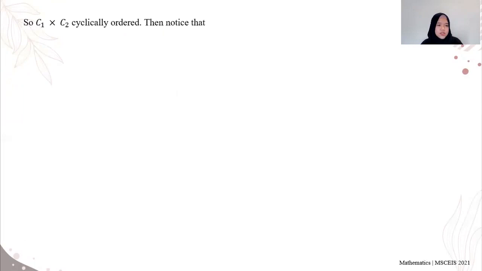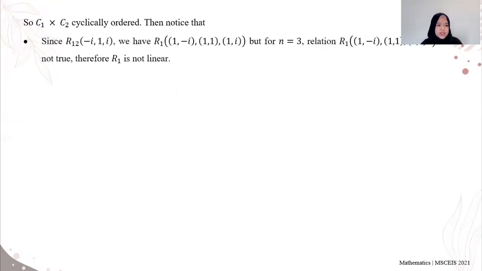So C1 direct product C2 is cyclically ordered. Then notice that first, since R12(-i) equals (1, i), we have R1 like this, but for n equals 3, relation R1 is not true because R1 is not strict. Therefore, R1 is not linear.